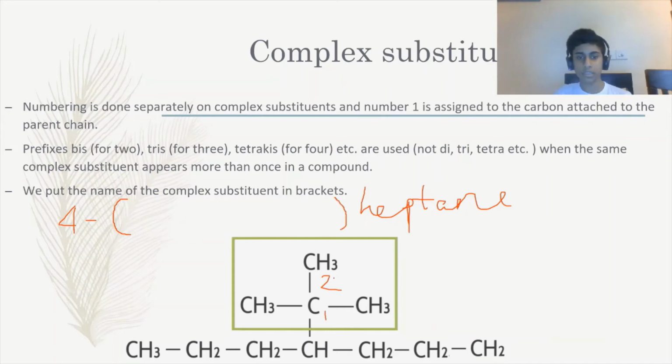Now this will be 1,1-dimethyl ethane. But ideally this itself is a substituent, so we write ethyl. This is the naming, so this will be ethyl and not ethane or ethene.